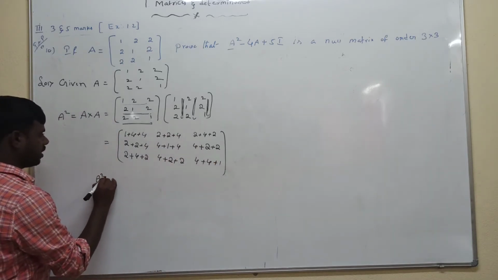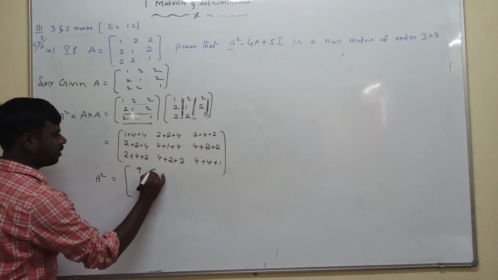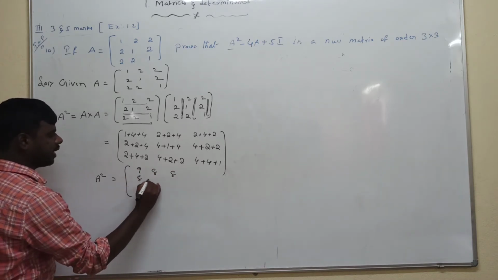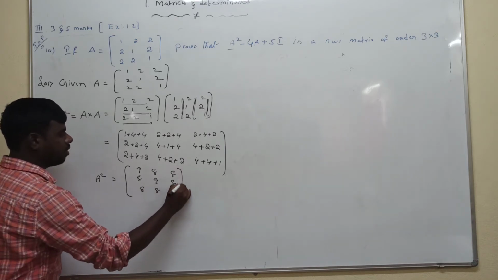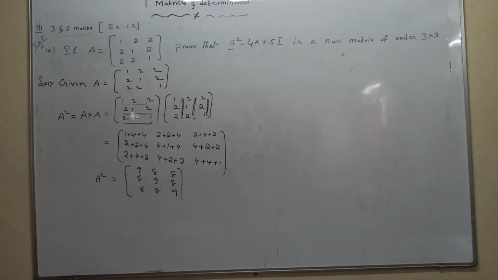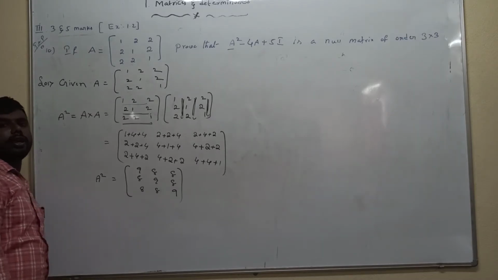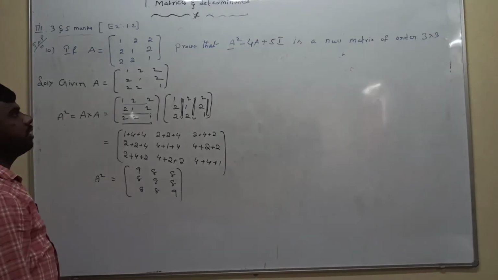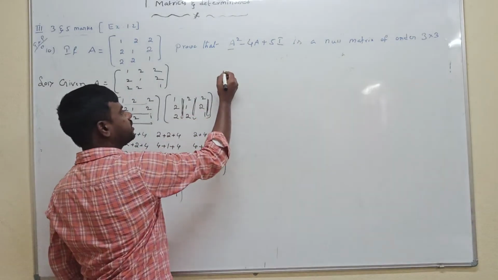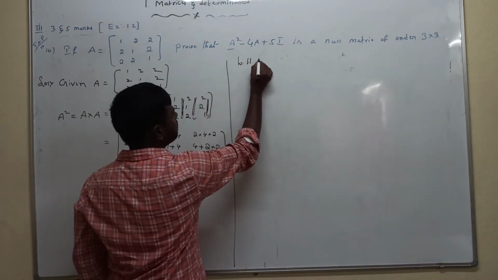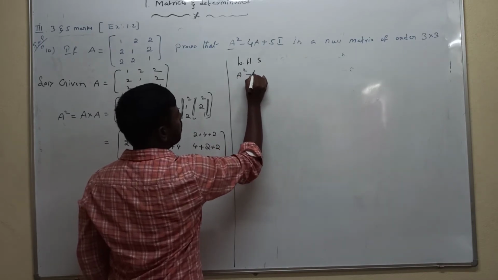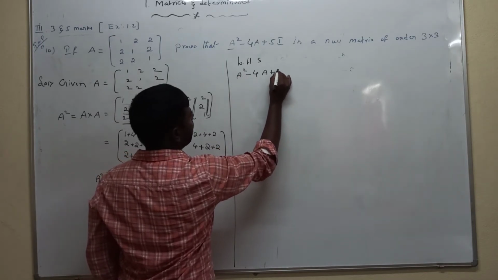Simplify this one. A square is equal to [9 8 8; 8 9 8; 8 8 9]. Finally we got A square as [9 8 8; 8 9 8; 8 8 9]. Now we can take the left hand side condition: A square minus 4A plus 5I.